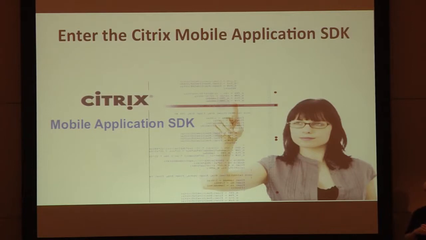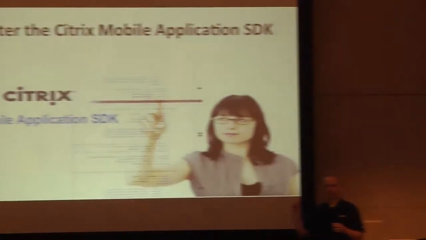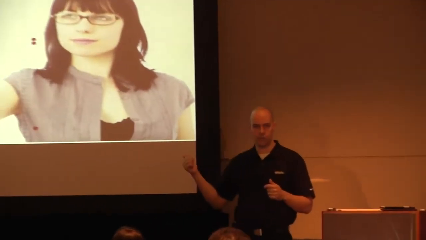You're developing Windows applications, because the application is going to reside on a XenDesktop VDA or XenApp server, and we're going to remote that. Using the virtual channels, we're going to allow those Windows applications to have access to the native device features. So it's very similar in concept to Phonegap, where you have this framework and get access to the native device features, but we're not going to use native device code to do it.